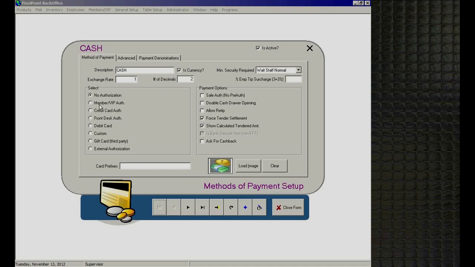The next one down here is member VIP authorization. If you select this, this method of payment will look to the contents of the member database table within PixelPoint. It will look for the member swipe card number or the member name or the member phone number, something like that, to retrieve the member record.